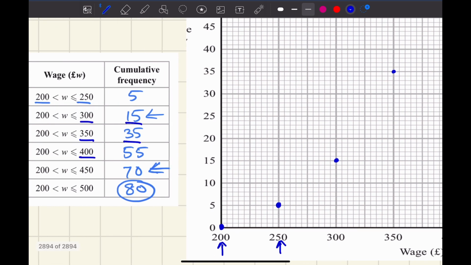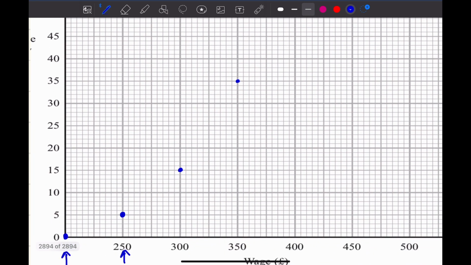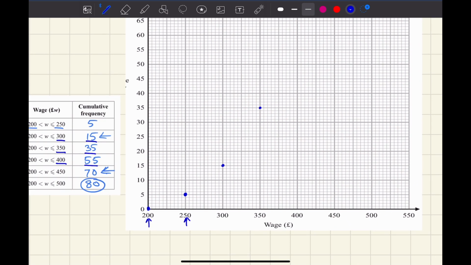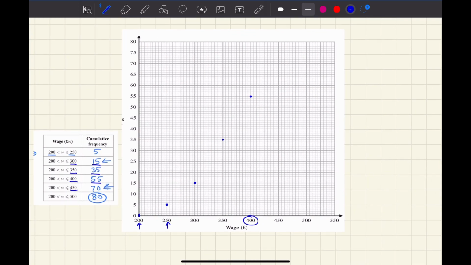Then we have 400 and 55. This is 400. So 55 is right here. Then we have 450 and 70. That's 450 and 70. That's 70 over here. And at 500 we have 80. There you go. So that's how my curve will look.